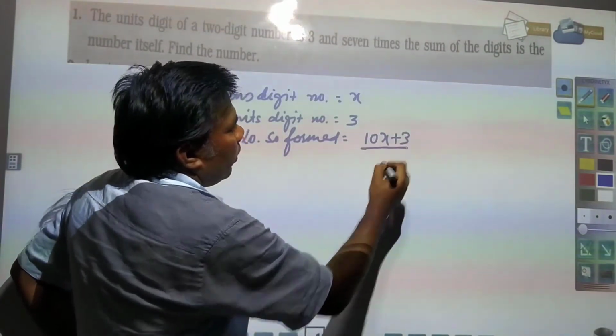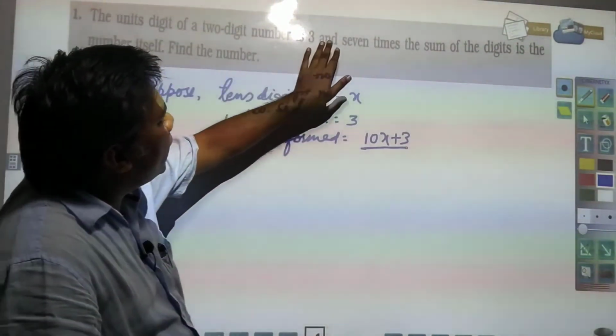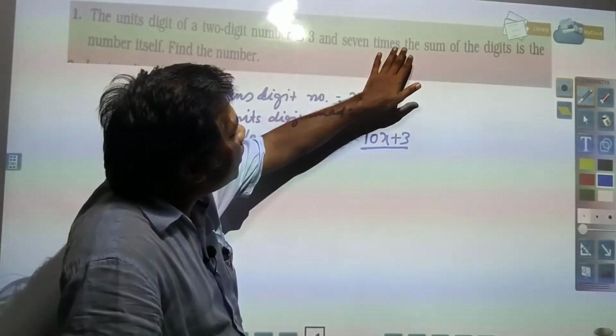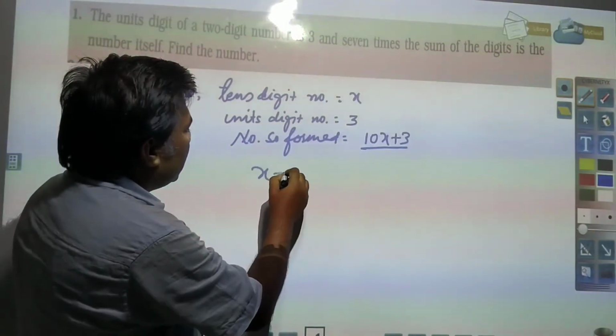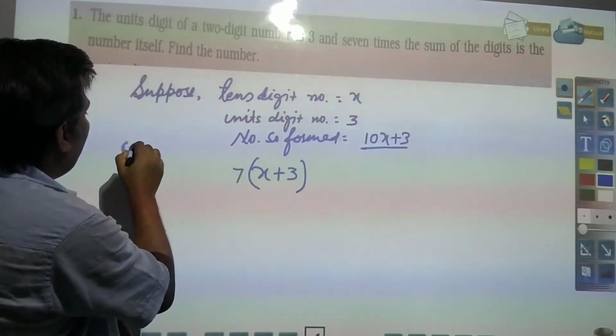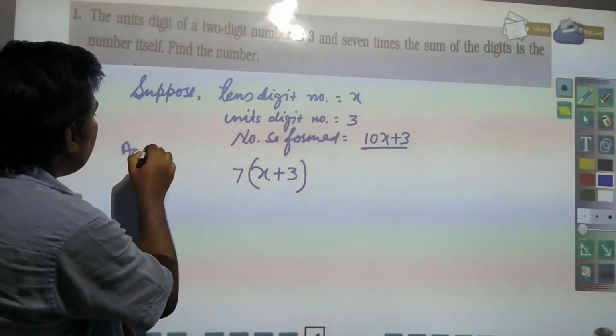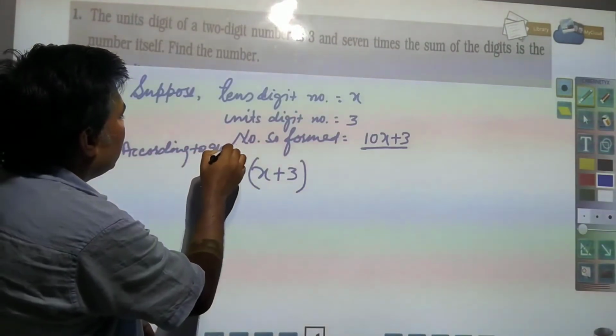So this will be your number. Now the units digit of the 2-digit number is 3 and 7 times the sum of the digits is the number itself. Here you will write according to the question.